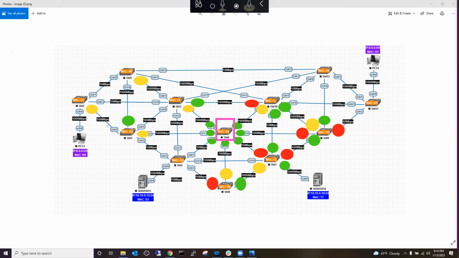I'm not even sure how we got switch 2's root port yet, but that should be the designated port because it's the best route to the root bridge. I could explain why I said that port was a root port, if that's okay with you.